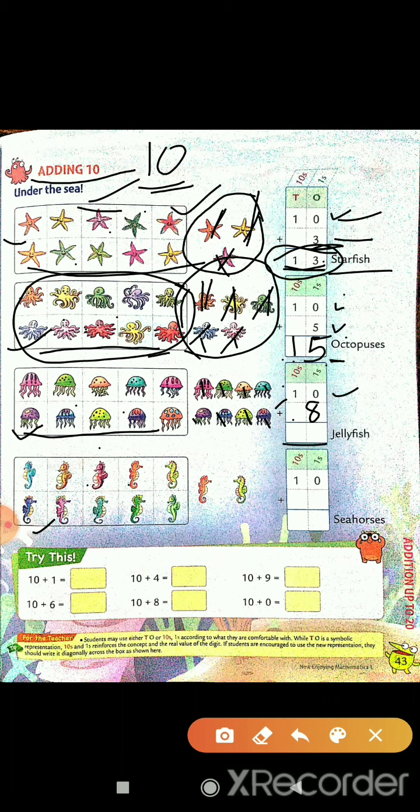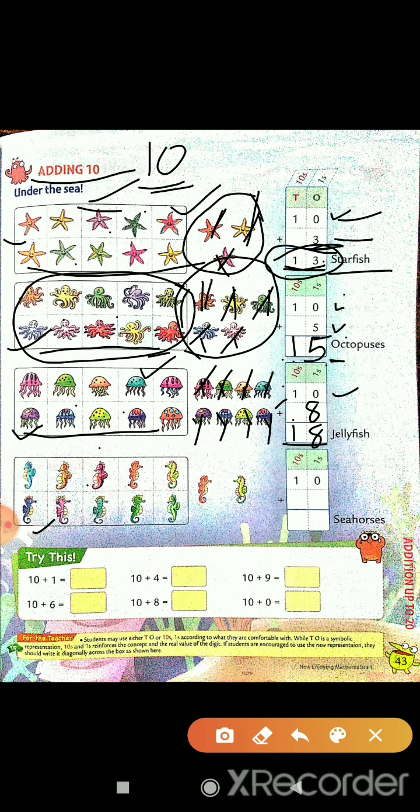So you need to count these together. This is already 10. Then you will count forward. What comes after 10? So 11, 12, 13, 14, 15, 16, 17 and 18. So what you will write here? 18. So 10 plus 8 is equals to 18. Got it, students?